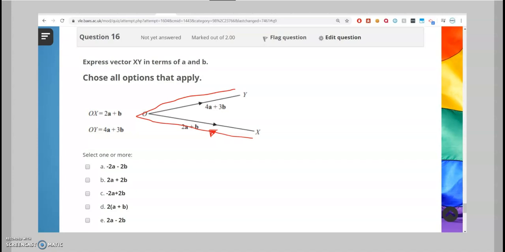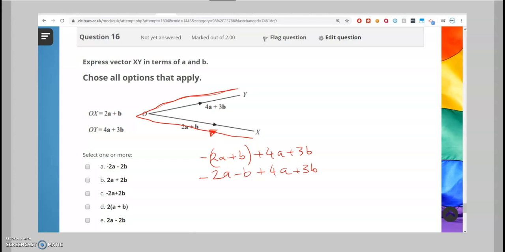So 2a plus b will become minus 2a minus b. And then we have plus 4a plus 3b. So we'll get minus 2a minus b plus 4a plus 3b.